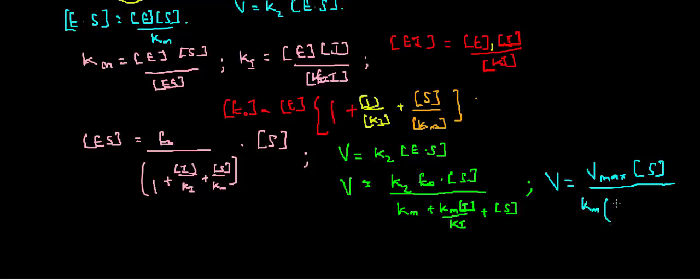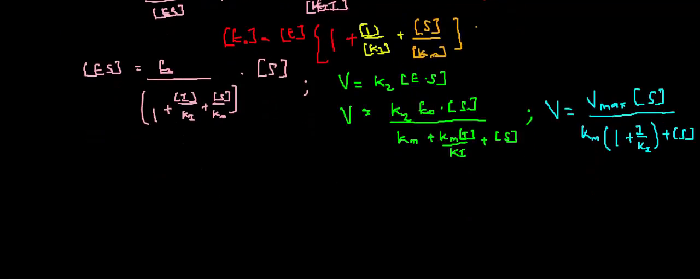I have Km into bracket 1 plus I over Ki plus S. Okay, now this becomes V is equal to Vmax S over, normally it should be Km plus S, but this Km now has an approximated value, so I'll be having Km approximated plus S. Now I'm going to explain the concept of this approximated value.